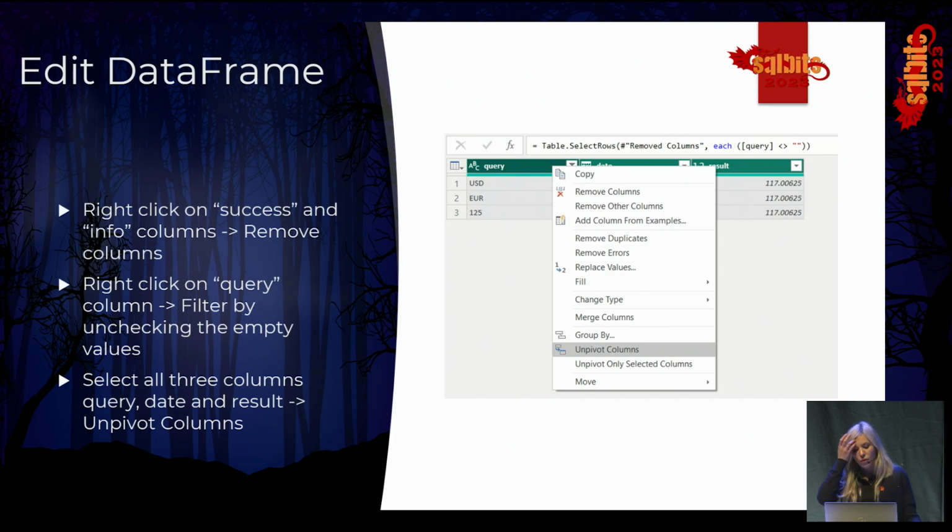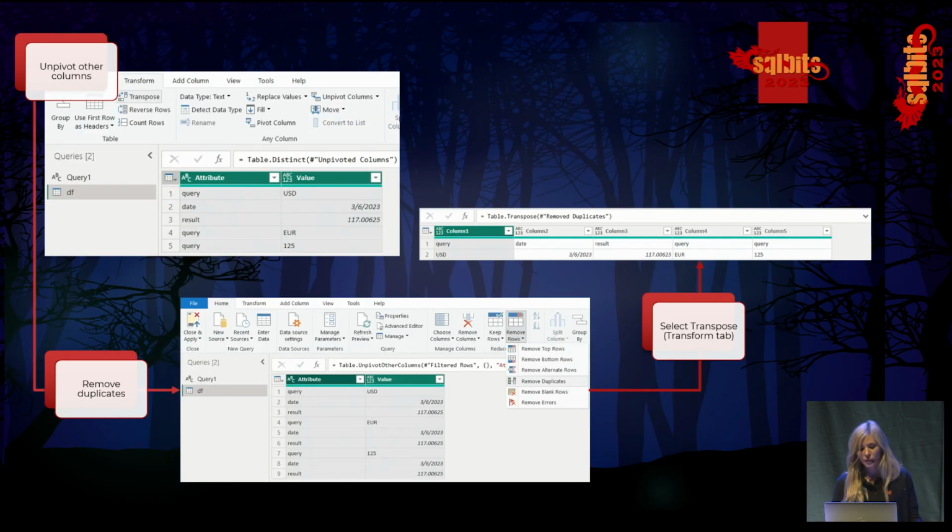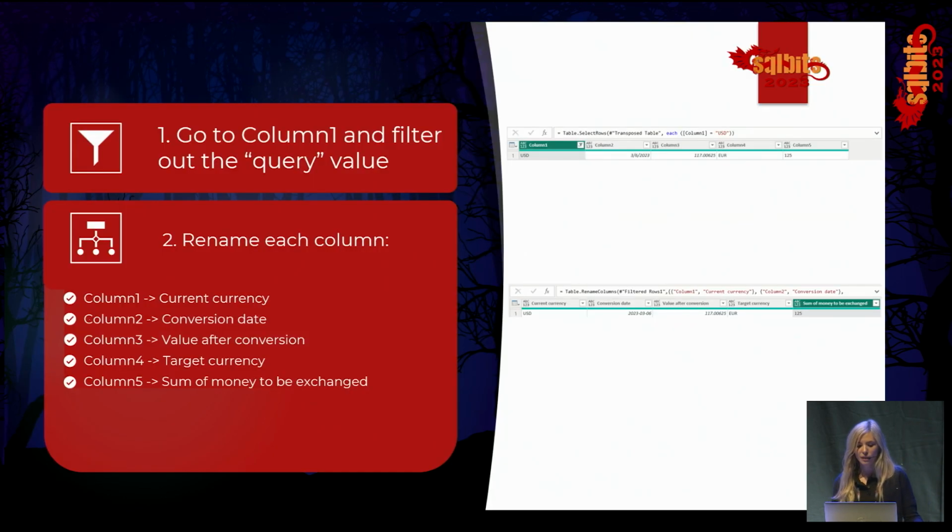Then we will filter out those values that are empty, or let's say null. Then we'll perform an unpivot on all the 3 columns to have them displayed under the same column. Afterwards, we'll remove some duplicates and we'll perform a transpose. And in the last step, we will basically rename each column.